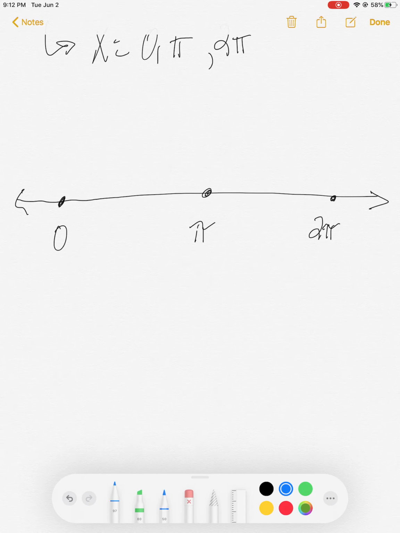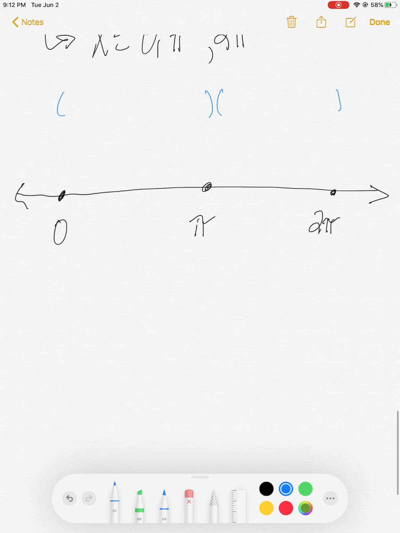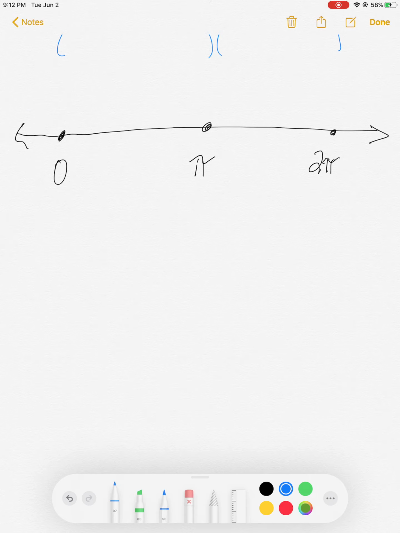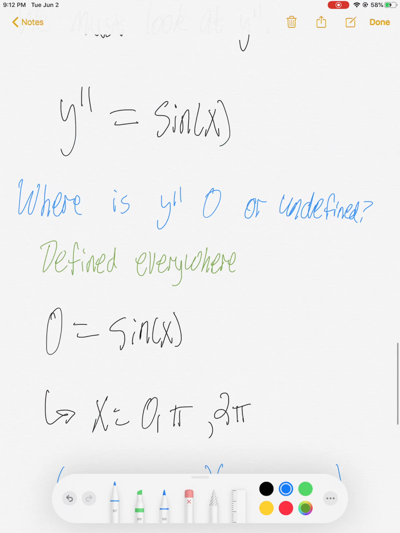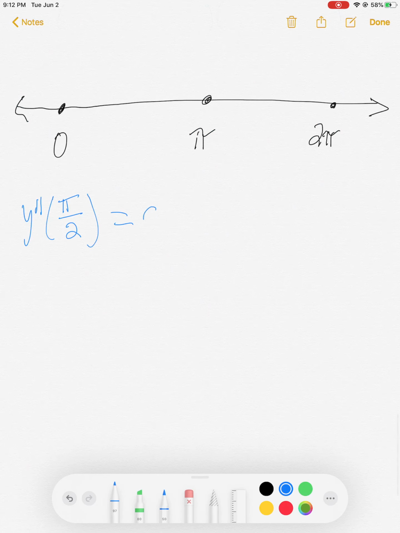Now we want to check the concavity on each of these intervals. We're going to do basically the exact same procedure: plug in a point from each of these intervals, from 0 to pi and from pi to 2 pi, into y double prime and see what the concavity is.